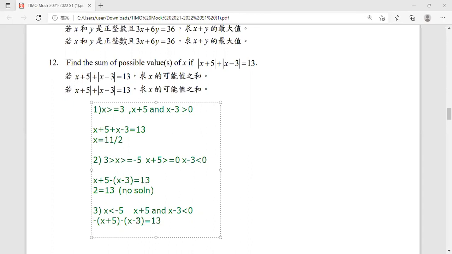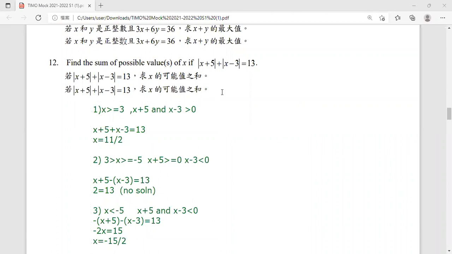Maybe I do it slower. Then 15. Okay. x equal to negative 15 over 2.